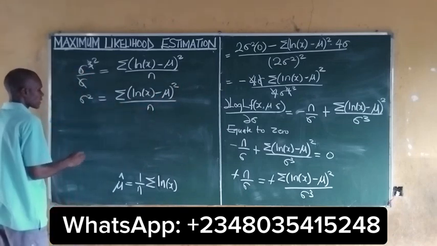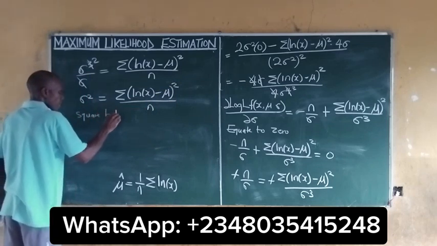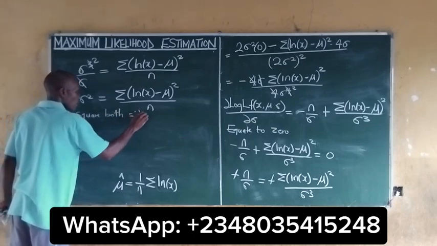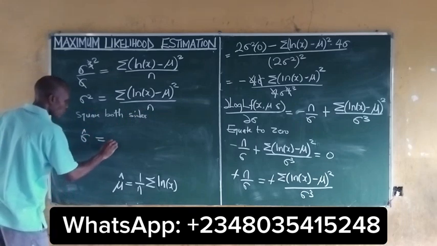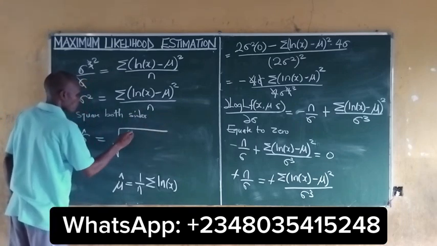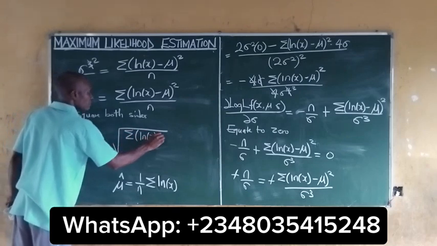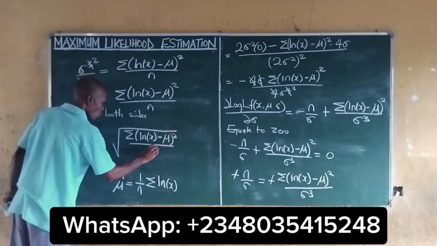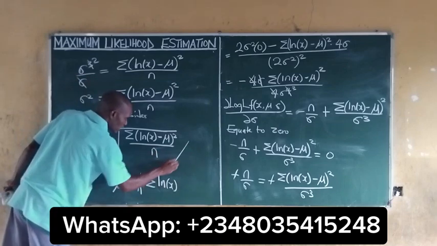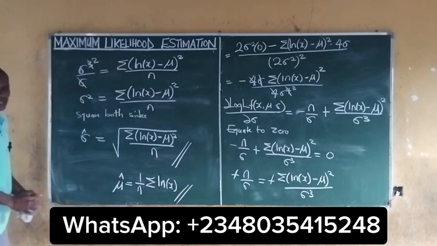If we take the square root of both sides, we get our sigma estimate to be equal to the square root of summation of (x minus mu) raised to the power of 2 all over n. So this becomes our variance and this becomes our mean estimate.